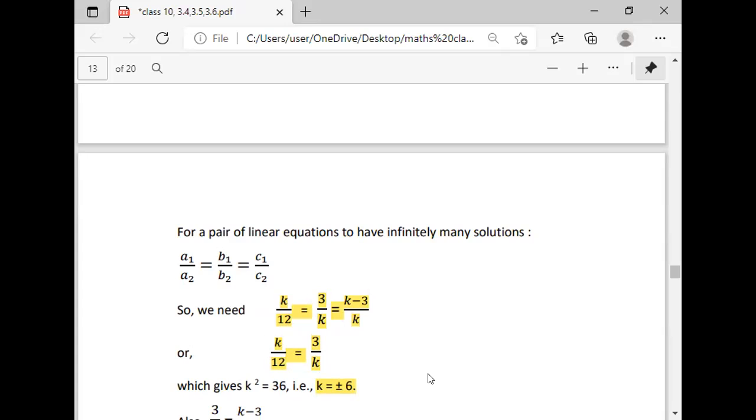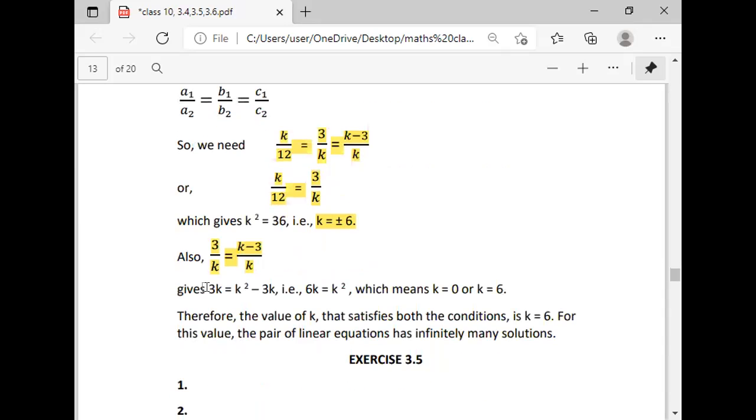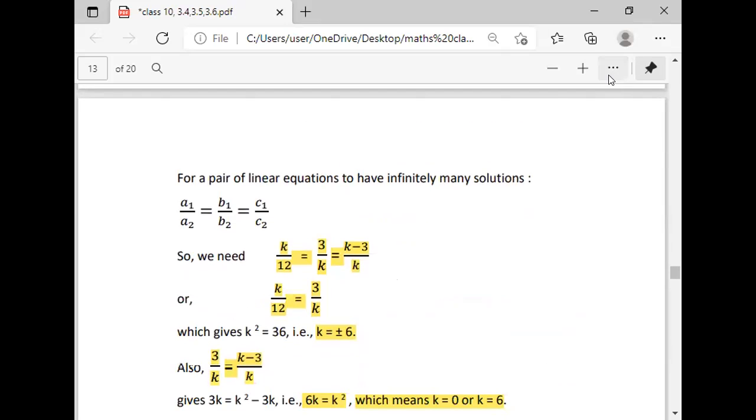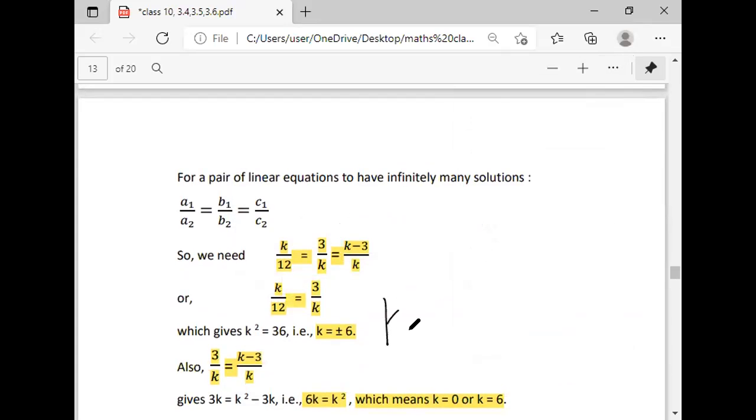Now we are going to the second condition. What does the second condition say? 3 by K is equal to K minus 3 by K. Again, we are solving for K and we get 6K is equal to K squared, and we can cancel K, which means either K is equal to 0 or K is equal to 6. So in our first case, we got the value of K as either 6 or minus 6.